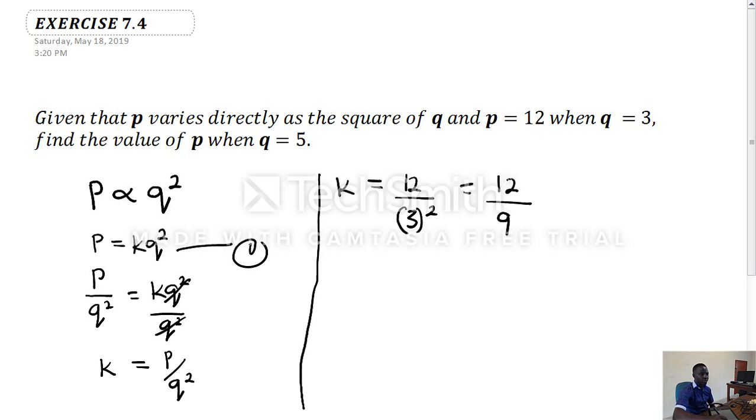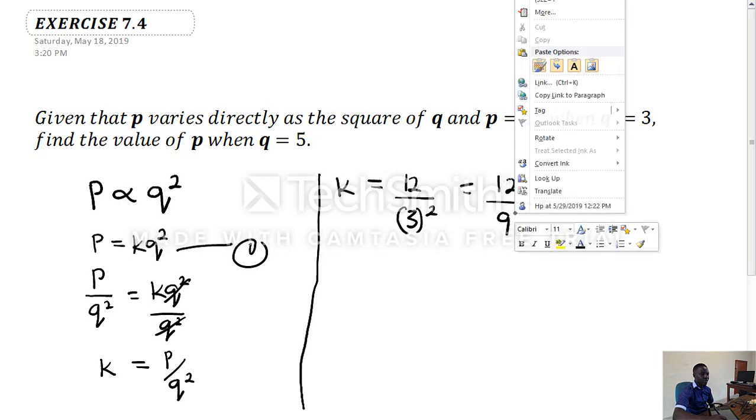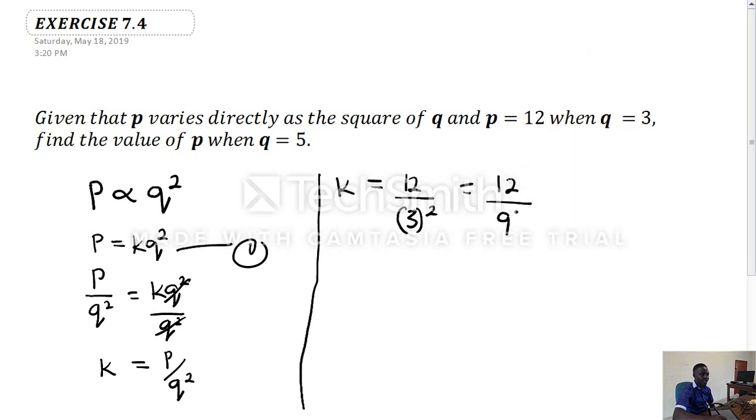Now you simplify further, what can divide? You discover that 3 is the common factor that can divide 12 and 9. 3 into 9 is 3, and 3 into 12 is 4, leaving us with K is equal to 4 over 3.